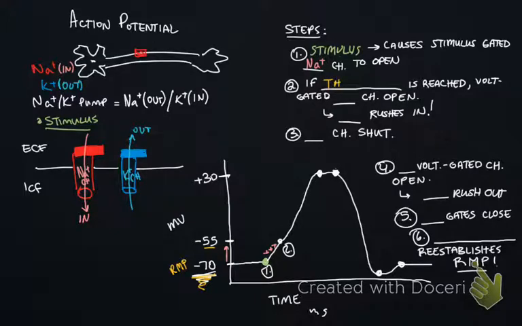And if we reach threshold, then something else happens. And to reach threshold, that stimulus needs to be big enough. You have to actually, I guess in words, feel it in order to reach threshold. So if we reach this threshold, negative 55, then another channel opens. And that happens to be a voltage-gated sodium channel.